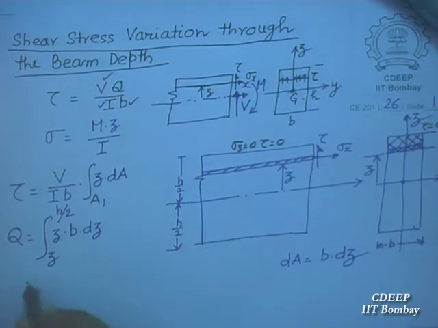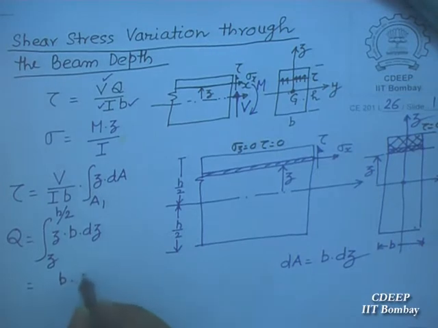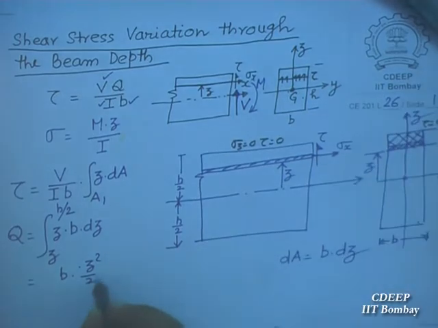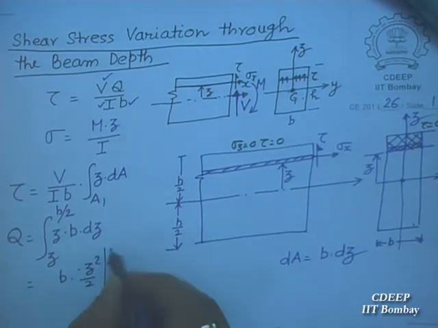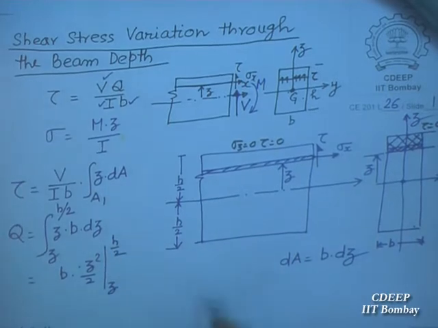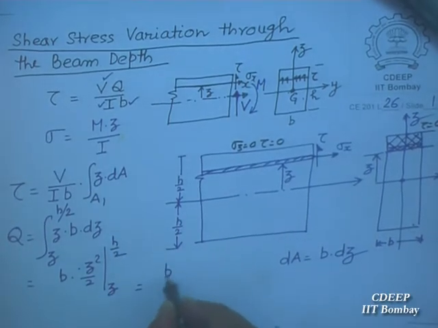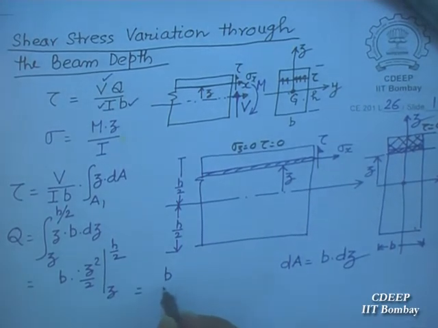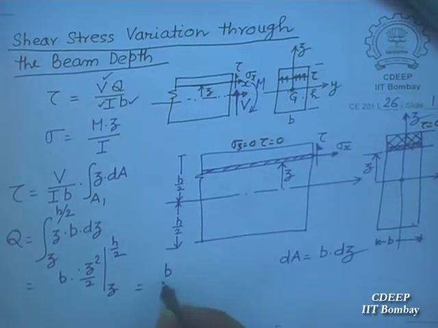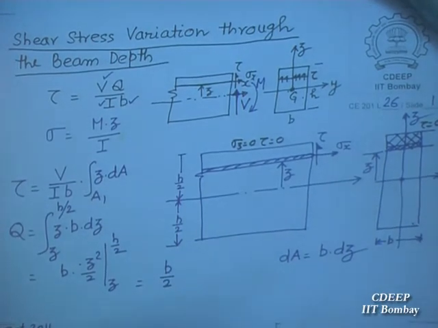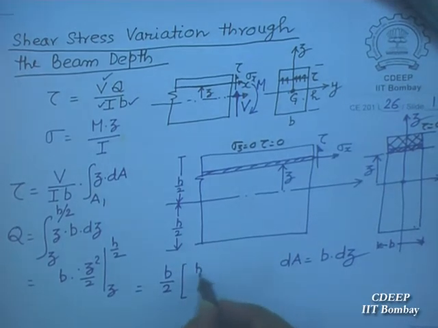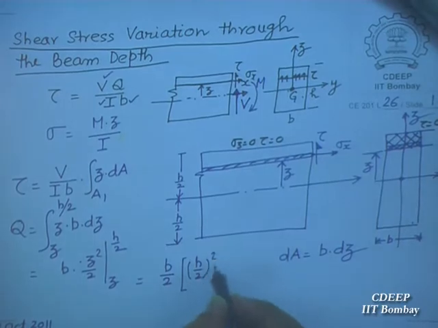So look at what is happening. b is constant. z dz means z square by 2, going from z to h by 2. So that is equal to b, 2 you take outside. Z square by 2. So it will be b by 2 times h by 2 whole square minus z square.